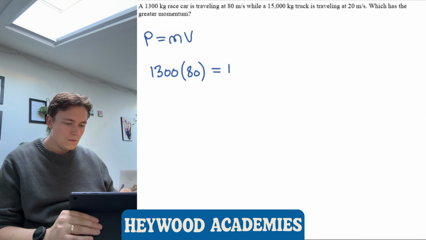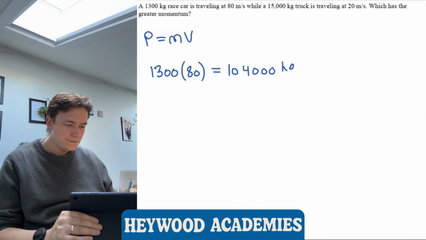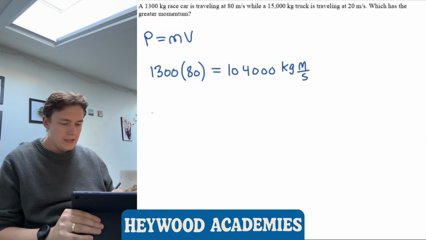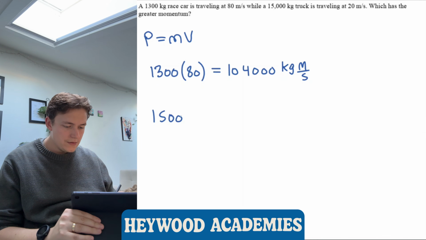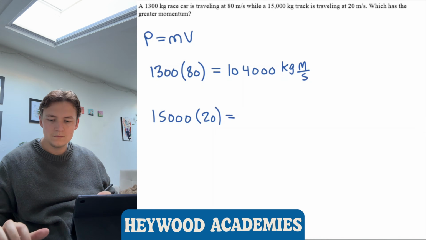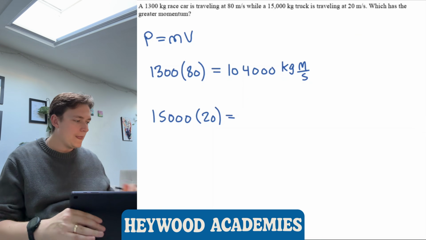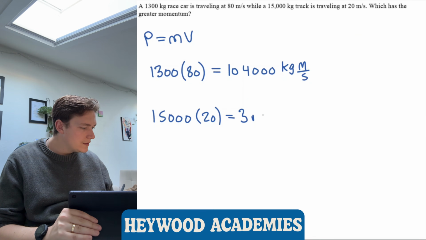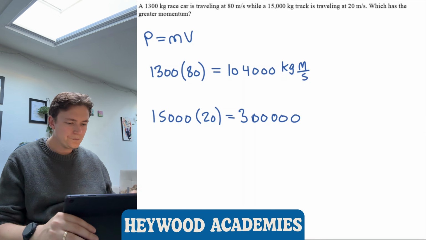Okay, we got 10,400,000. Then the other one for the truck is 15,000 times 20, and that gives us 300,000.